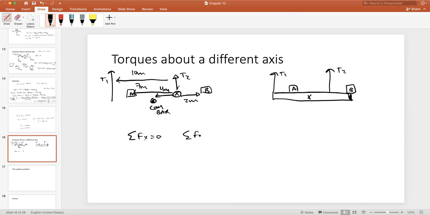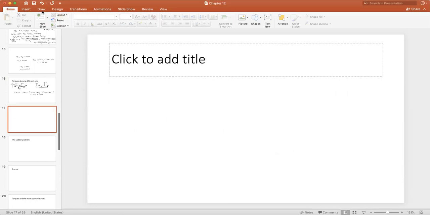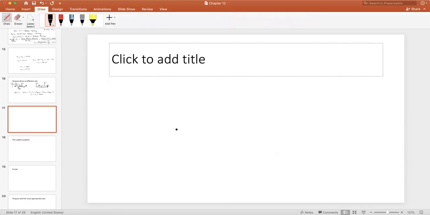The sum of the forces about Y is still T1 plus T2 minus M bar G minus MAG minus MBG, and this is equal to 0. If the masses are all still the same, we get T1 plus T2 is 180 newtons. That part stays the same. The part that changes is going to be the torques.